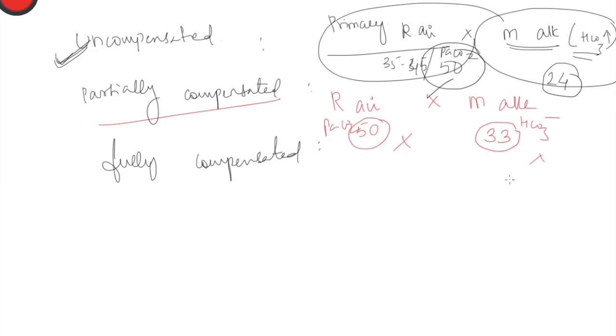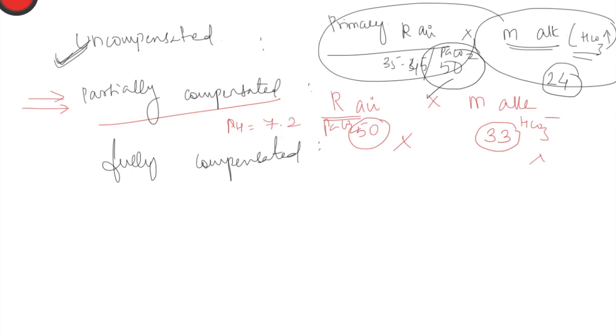So this is partially compensated, as in the body is trying, but it's not there yet, it is trying. And one very important thing here, the primary defect is respiratory acidosis, so let us say the pH here will be 7.2, meaning it is acidotic.